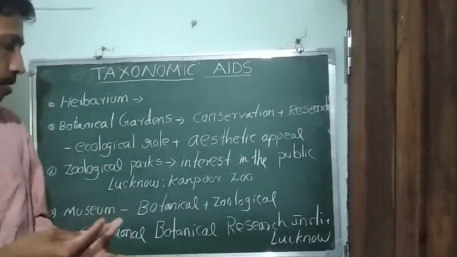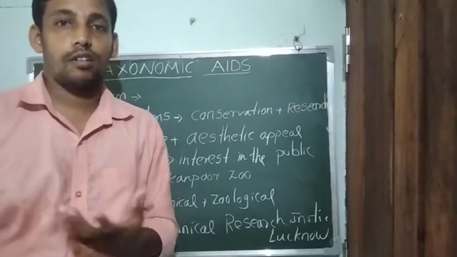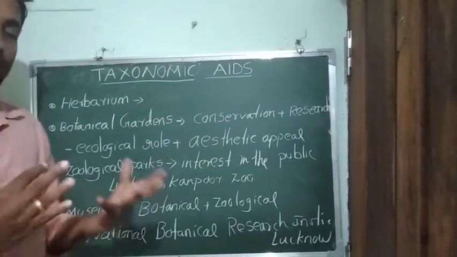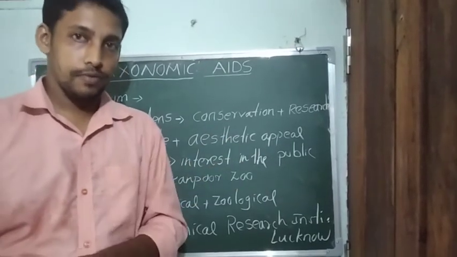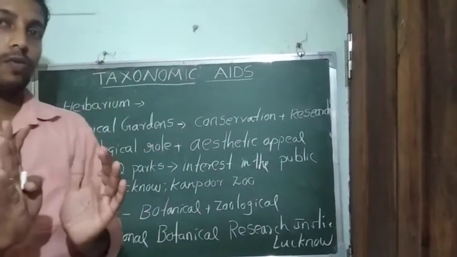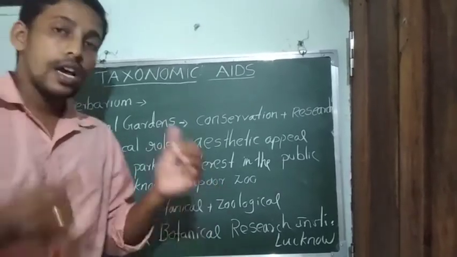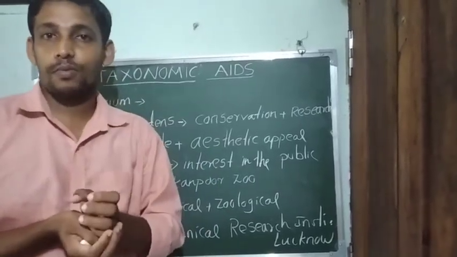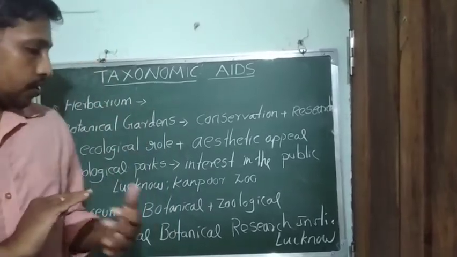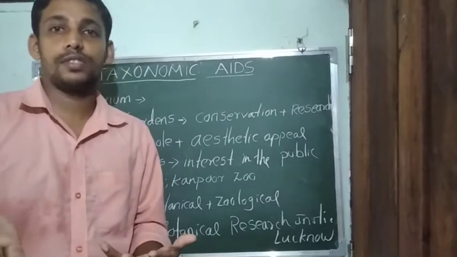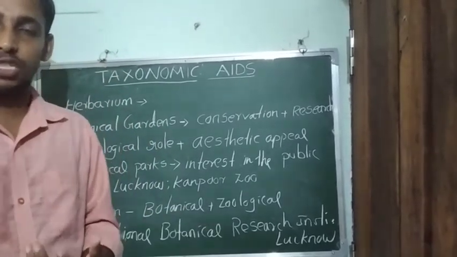Small museums can be seen in schools and colleges, and in university centers we can see a mid-sized museum. The museum may hold animals preserved in preserving solutions. Other than this, you can see charts, models, pinned organisms or stuffed specimens.